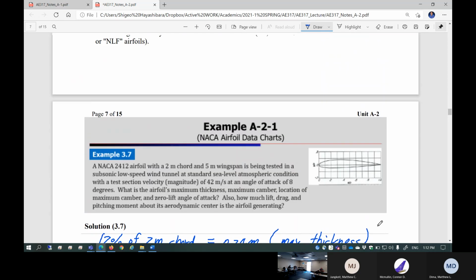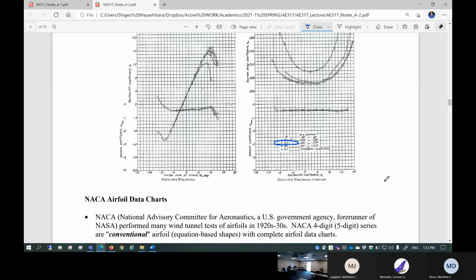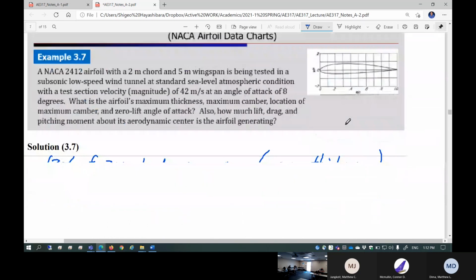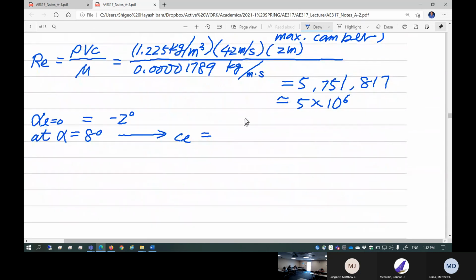At 8 degrees, right here, not quite 1.1, about 1.05. So CL I got 1.05.